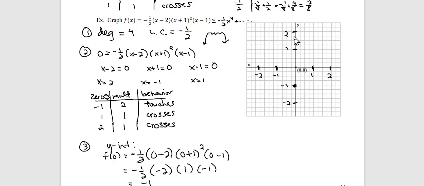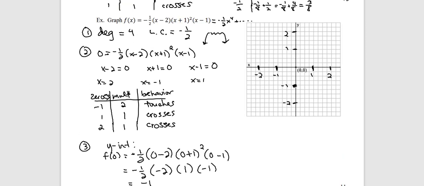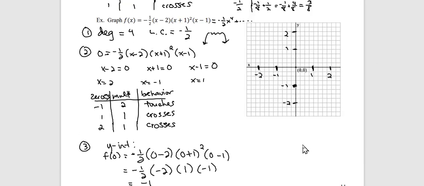So the end behavior comes in at the end as an important key there, so I'm going to wait on that. Let's plot the points that we know. We know we have a y-intercept at (0, -1). I'm going to grab another color here just so it's a little easier to see. (0, -1) would be here.